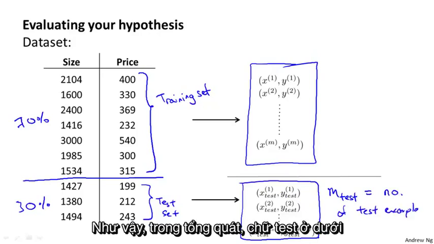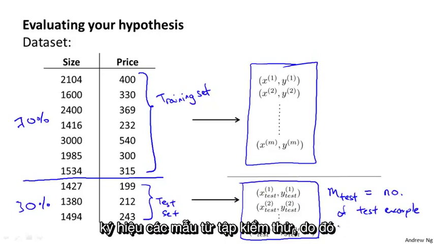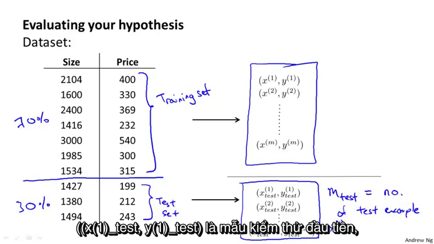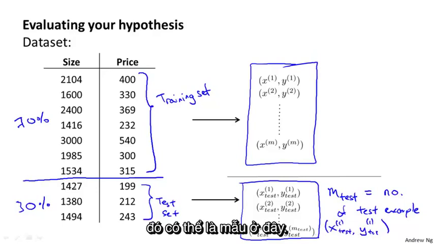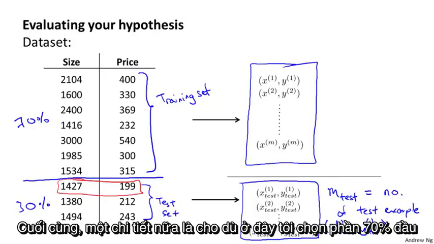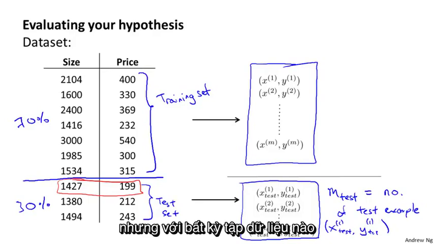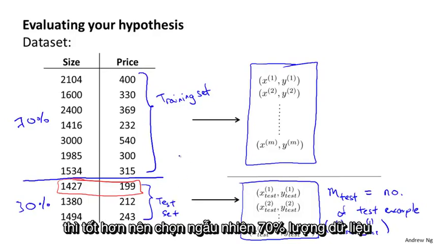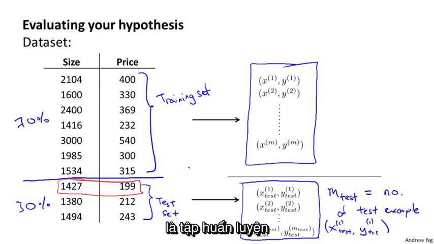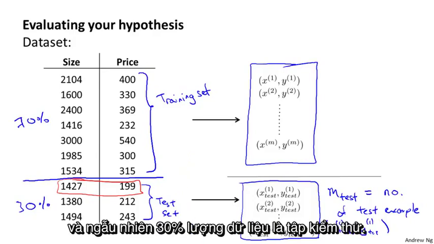In general, this subscript test is going to denote examples that come from my test set, so that x1 subscript test, y1 subscript test is my first test example, which in this example might be this example over here. Finally, one last detail: whereas here I've drawn this as though the first 70% goes to the training set and the last 30% to the test set, if there is any sorted ordering to the data, it'd actually be better to send a random 70% of your data to the training set and a random 30% to the test set.